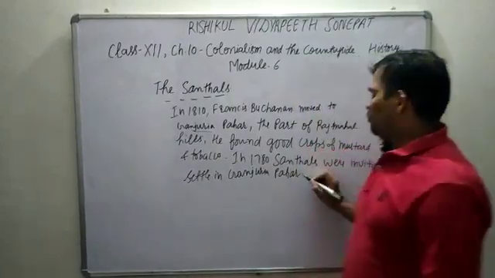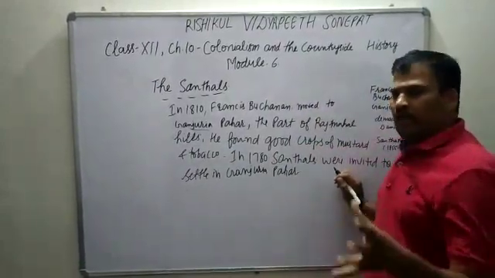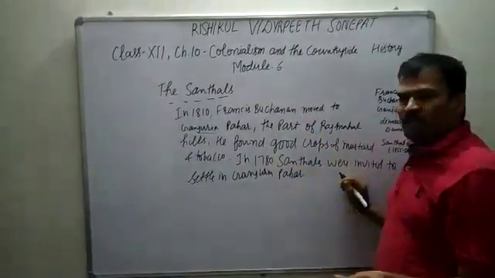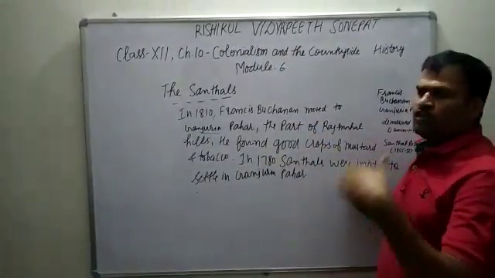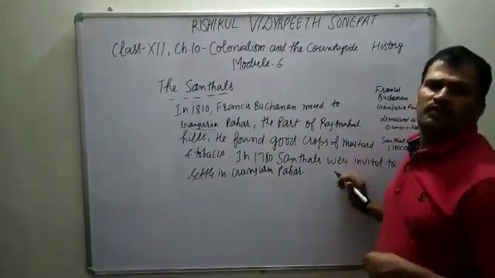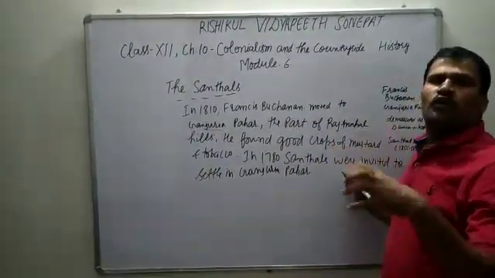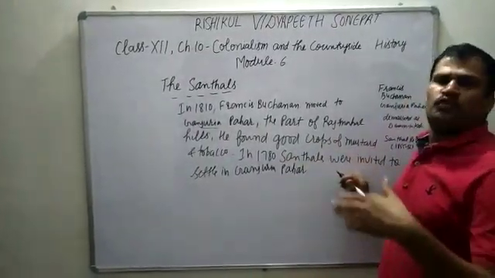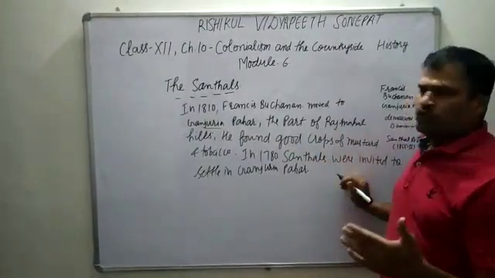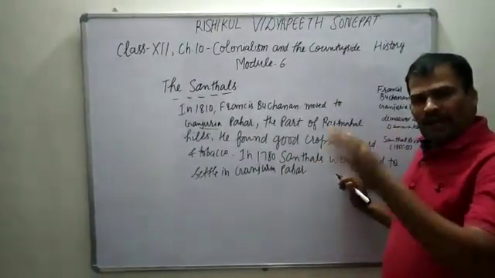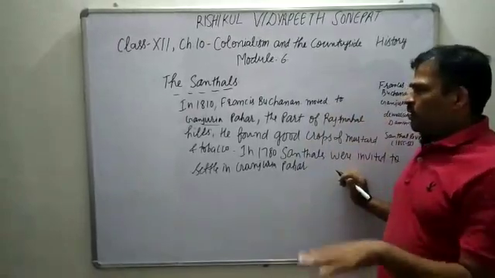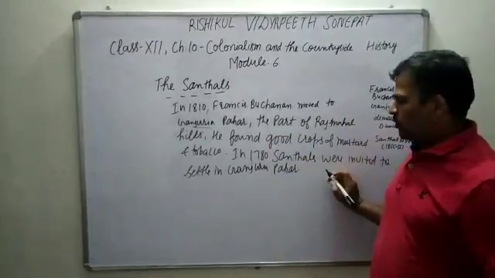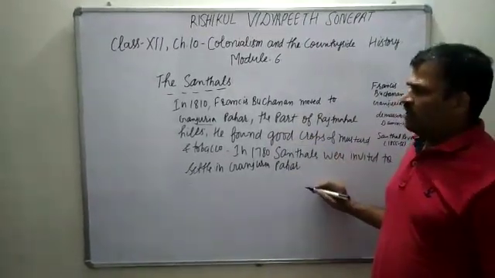As you know, the tribal people or Pahadis living in the Rajmahal Hills did not have good relations with the Firangis, the Britishers. So the Britishers wanted a community that could face these Pahadis and keep them in a position of peace, calm and quiet. And what happened?